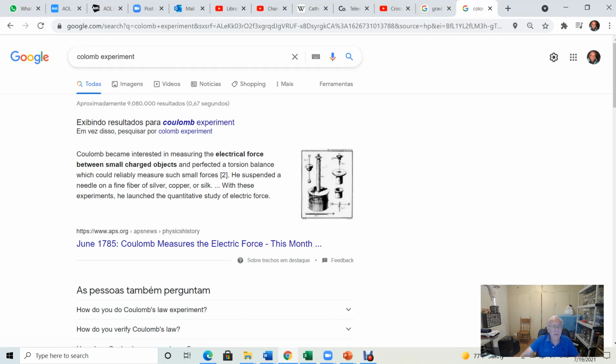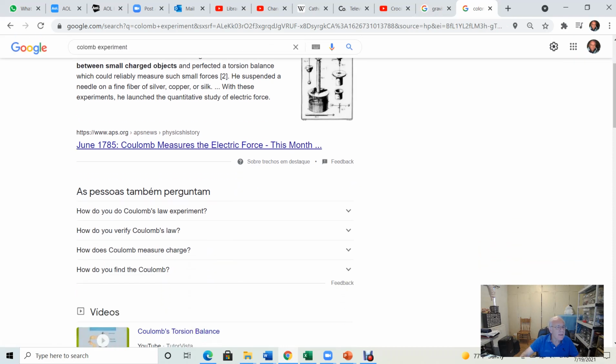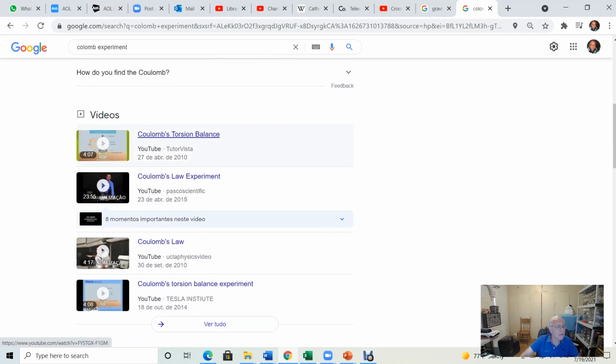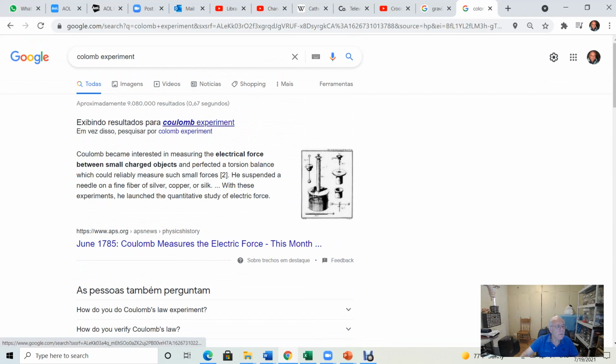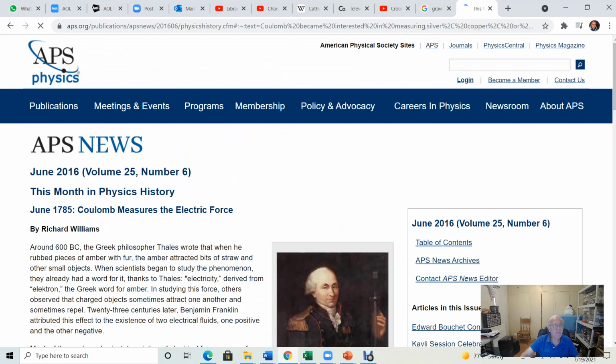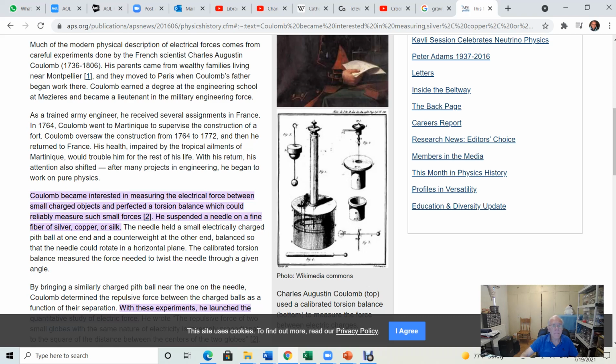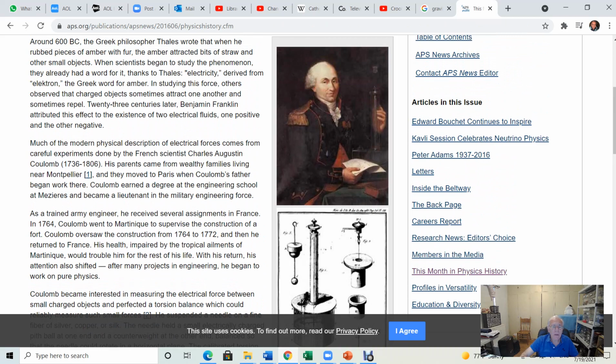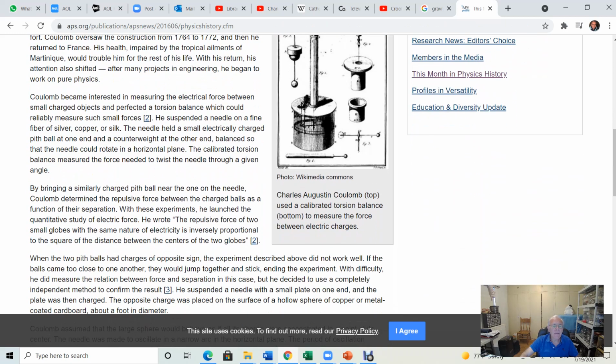But let me see, it doesn't look like it measures the electric force. Coulomb experiment, 1785. Oh, it's different. But nowadays he did it in a different way.